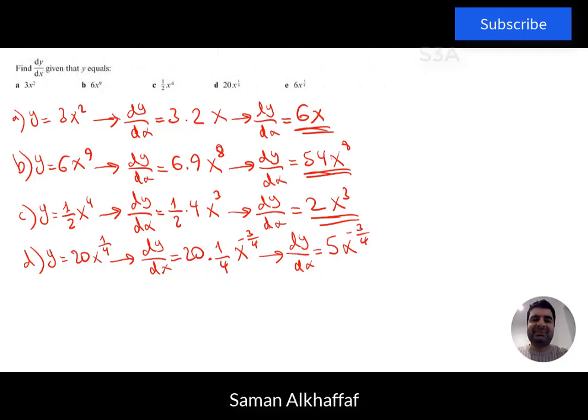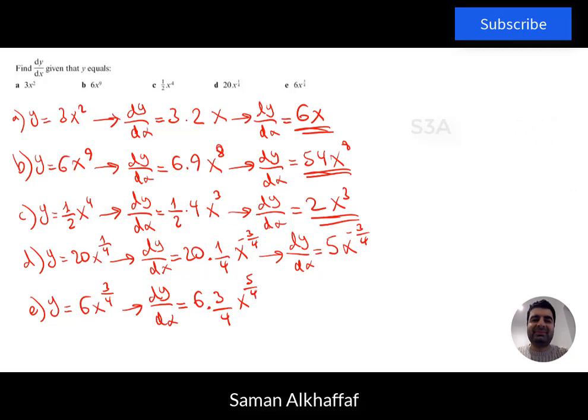For part E, we have y equal 6x to the power of 3 over 4. So now to find the derivative, which is dy over dx, we keep the 6 as it is, we bring the 3 over 4 to multiply by it, and now we have the x with its power, so we reduce 1 from the power, so 3 over 4 reducing 1 from it.